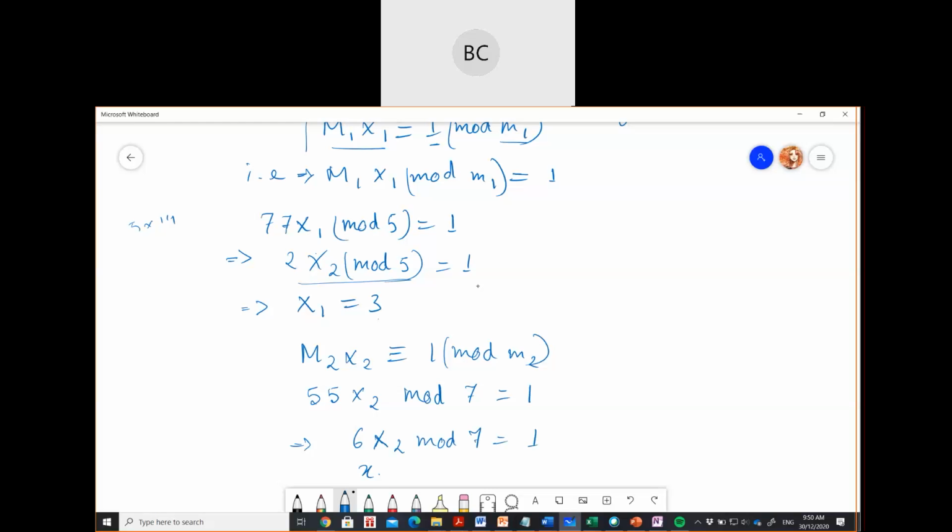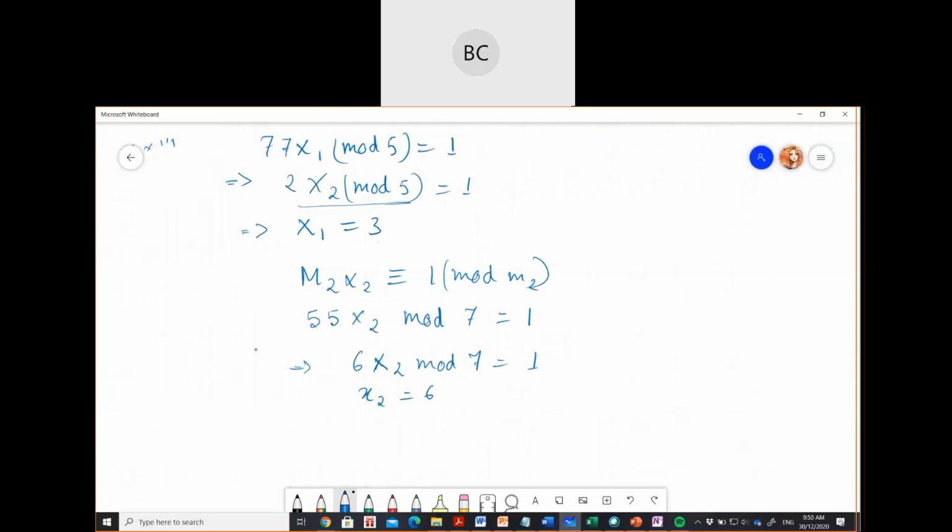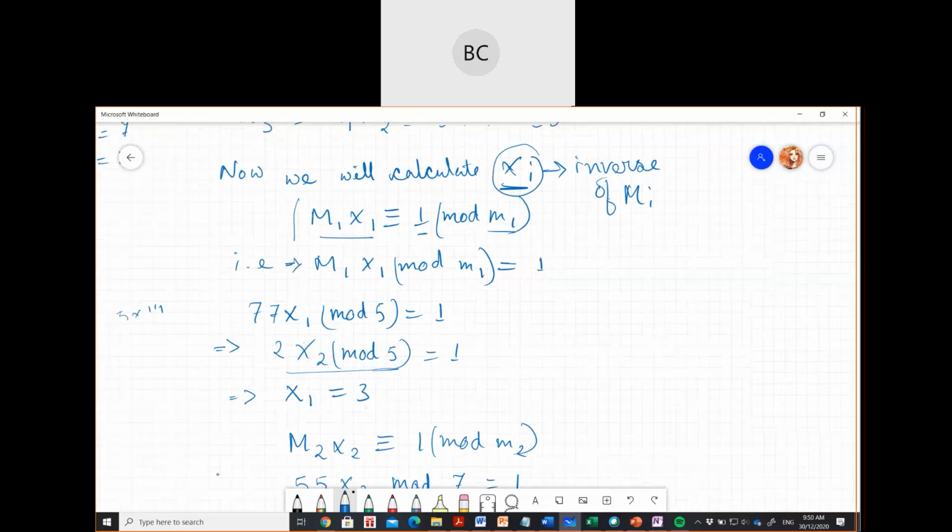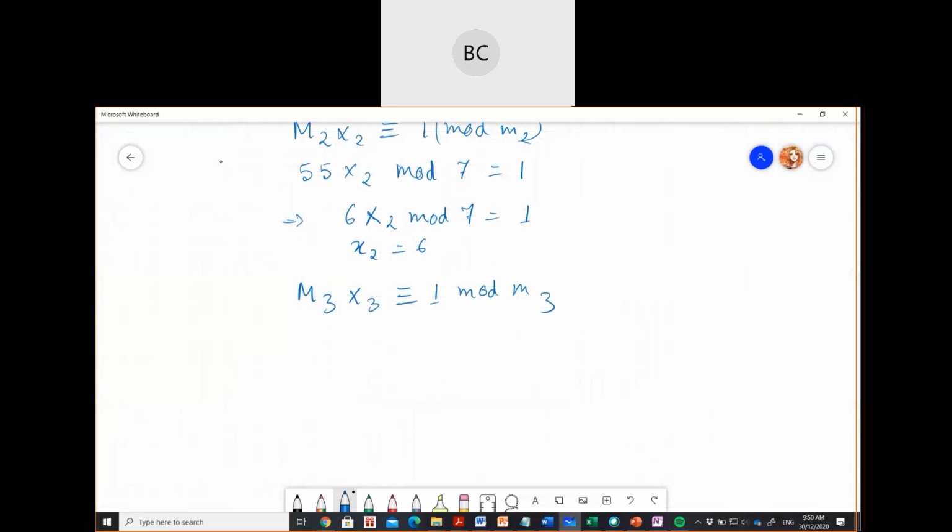So x2 will be 6. Okay, so next we need to find out M3 x3 equal to 1 mod M3. M3 is your 35.